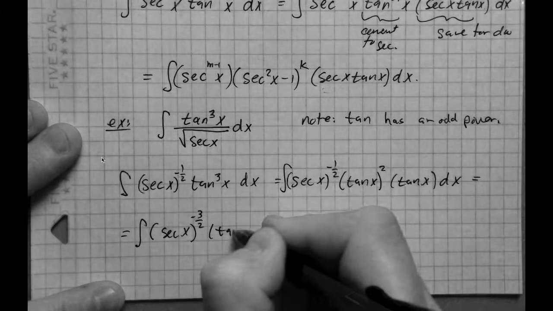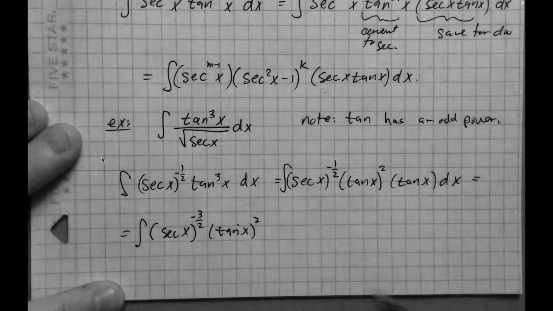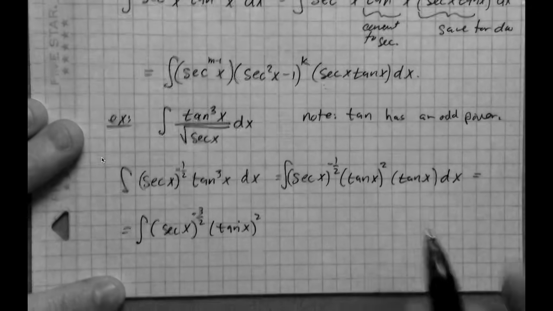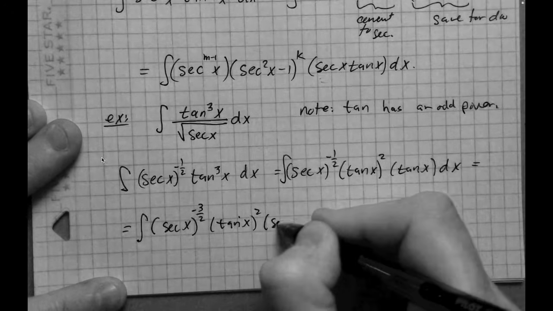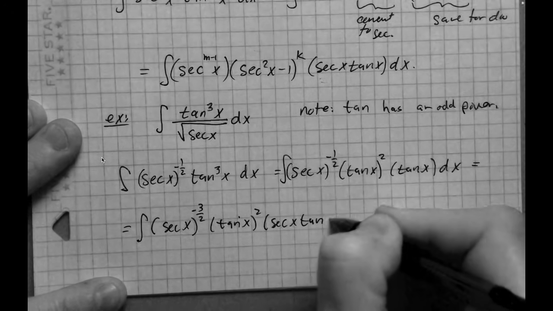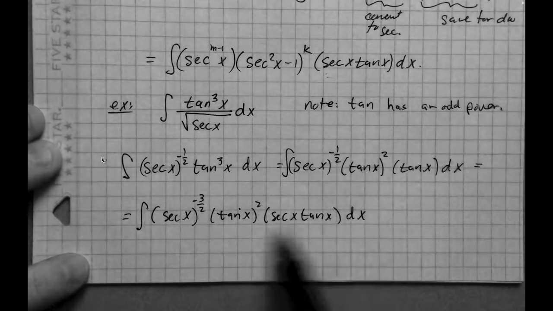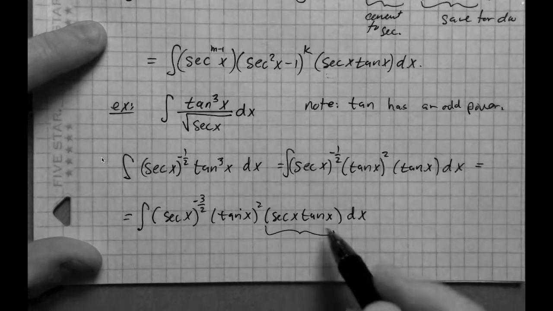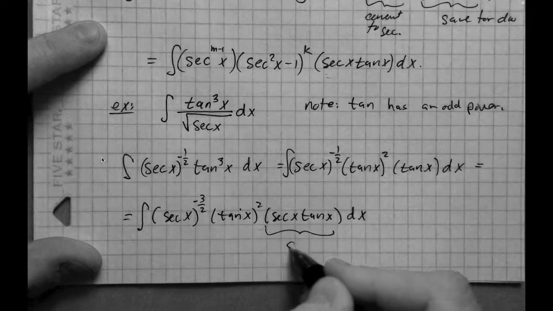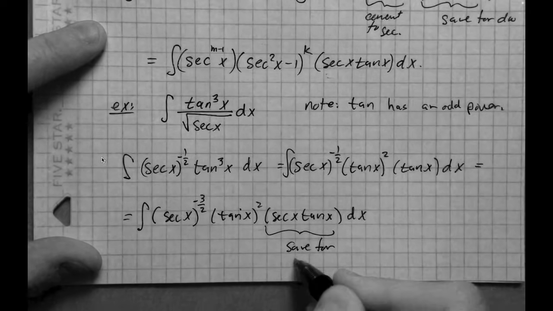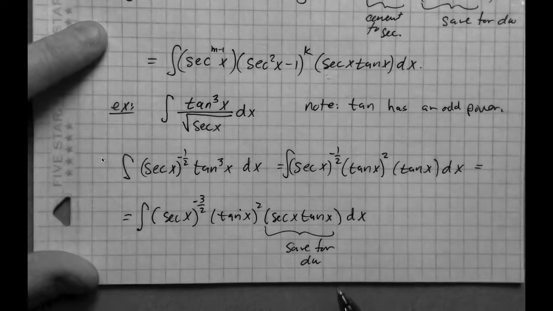Tangent's unaffected. Right, and then over here I'm going to have a full secant left over. Okay, and that gets me the piece that I want, right? So this we're going to save for du, right?